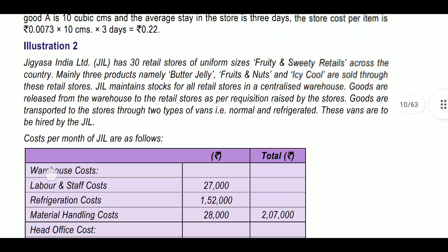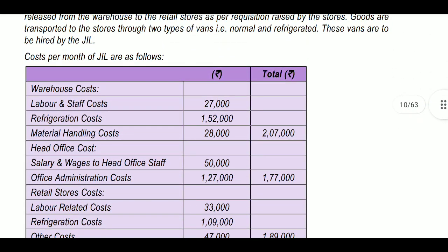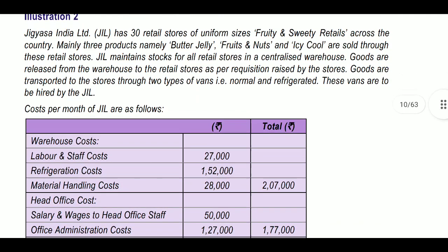For DPP we have 3 products here: butter jelly, fruit nuts, and icy cools. For these 3 products we will take the sale price, deduct the expenses and get the profit, and dividing that profit by units we will get the DPP per unit.